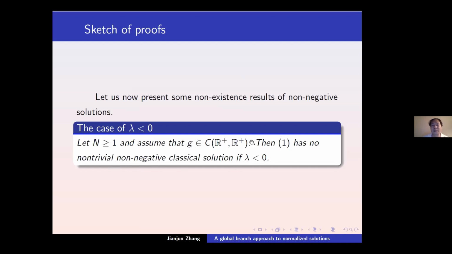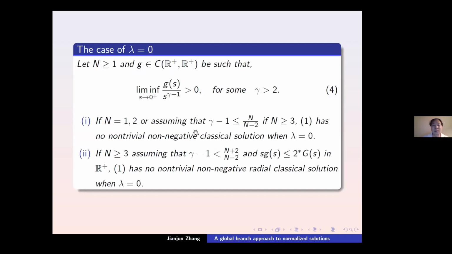Usually we can use a Pohozaev-type argument to show this nonexistence result. Also, we can show that for the zero mass case, the problem has no non-trivial solutions.